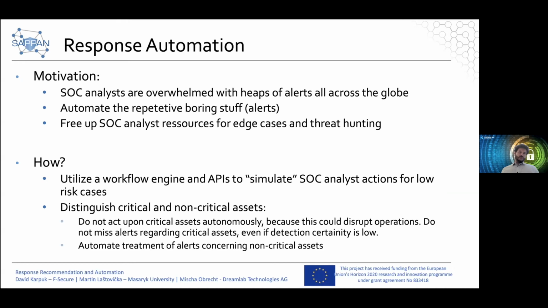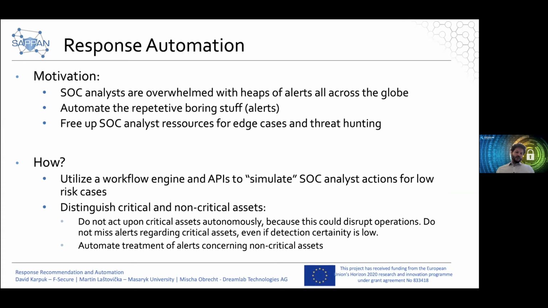So we created a number of different versions of this workflow and thought about what goals we would actually like to achieve with it. At the end of the day, we realized that we have to distinguish between critical and non-critical assets, so IT assets, clients, servers in your infrastructure. We basically have two goals with the automation. The first one is that we don't want to act autonomously on critical assets because the risk of disrupting operations is just too high.